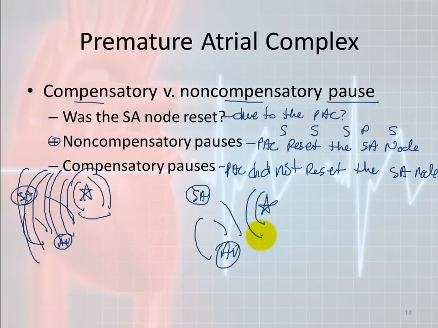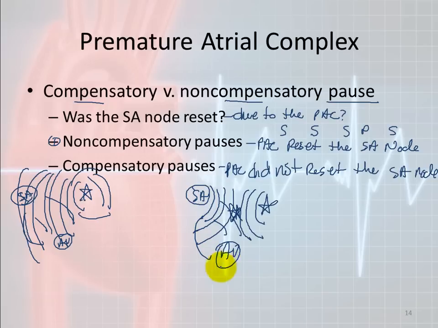As this wave of depolarization travels through the atrium, maybe this SA node also sent out a wave of depolarization as well because it was trying to depolarize. Now these two signals are going to get here and they're going to cancel each other out, which means this SA node is still going to continue to depolarize at its exact interval that it was initially depolarizing, because this wave of depolarization from this PAC didn't touch this rhythm over here. It didn't touch this interval over here.